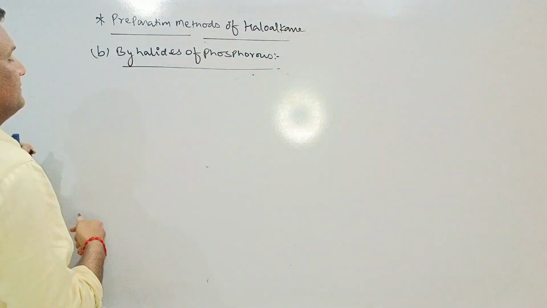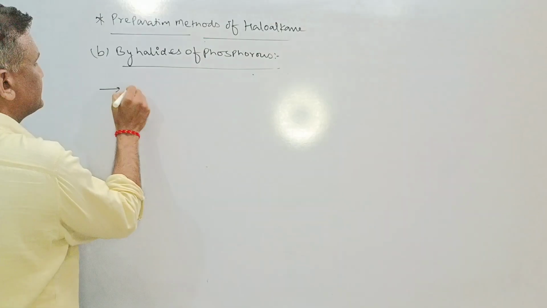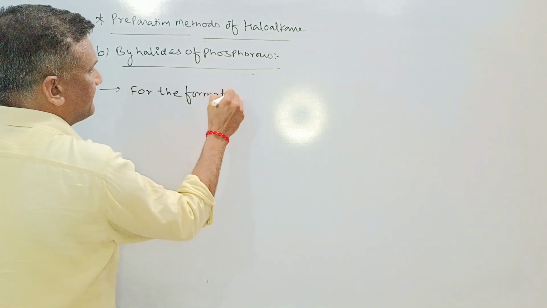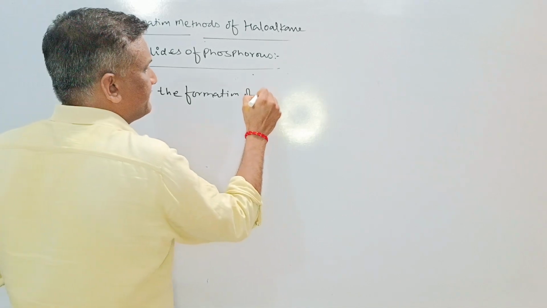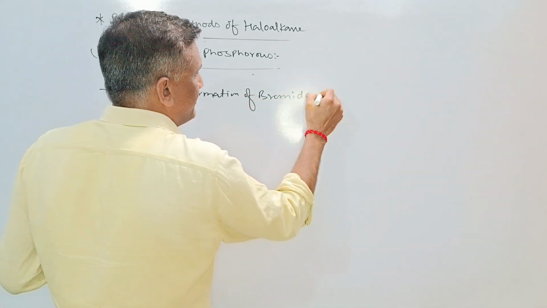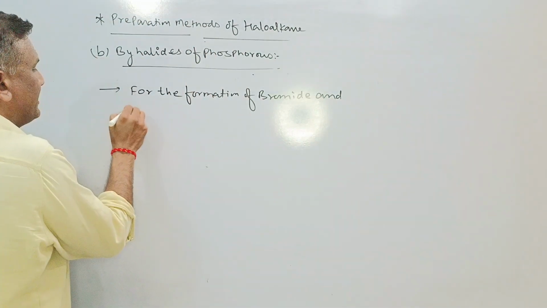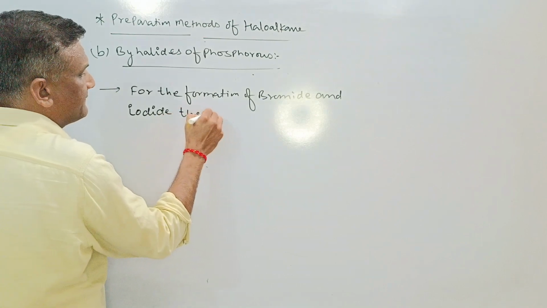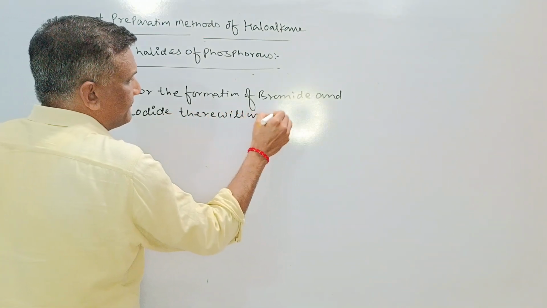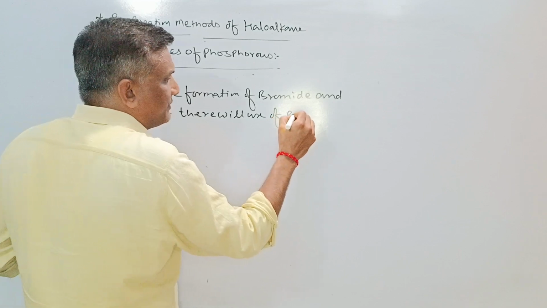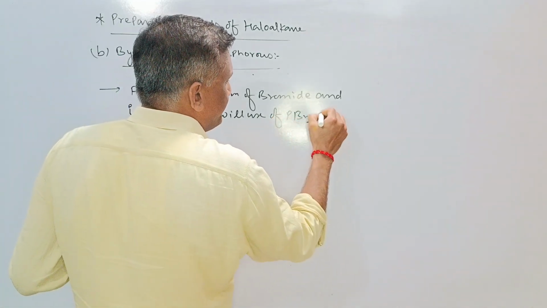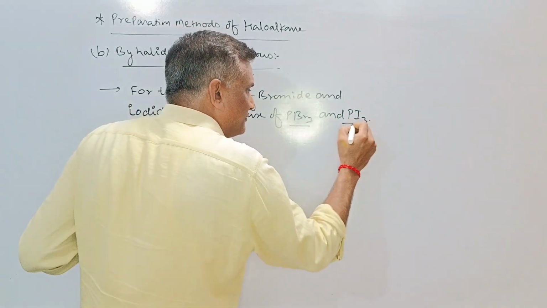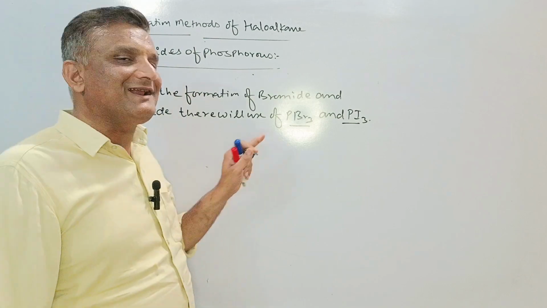For the formation of alkyl bromide and alkyl iodide, we would use PBr3 and PI3 (phosphorus triiodide), but due to their instability we use them indirectly.